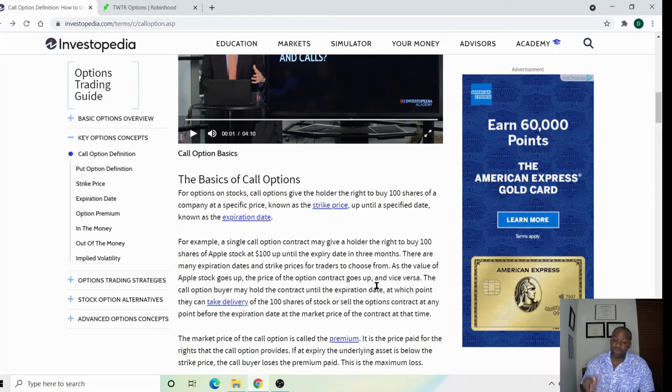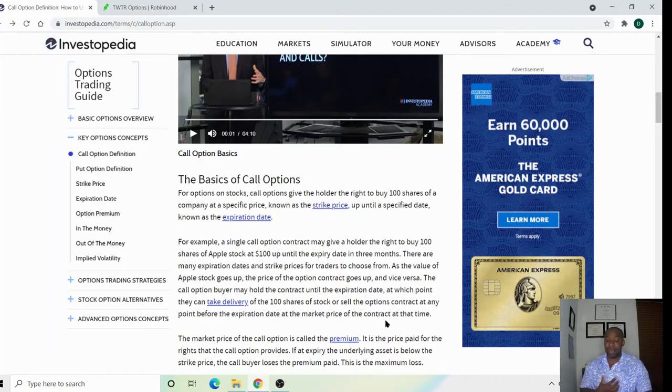As the price goes down, the price of the contract goes down also. The call option buyer may hold the contract until expiration date, at which point they can take delivery of the 100 shares of stock. Or, this is the most important part, sell the options contract at any point before expiration date at the market price of the contract at that time.